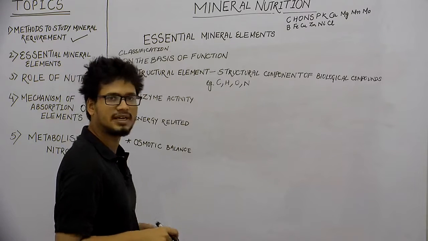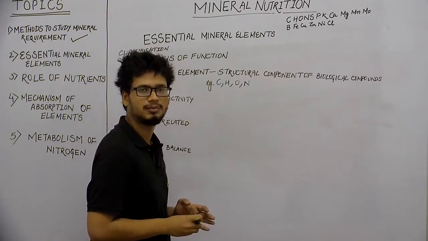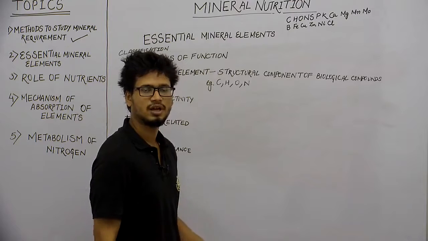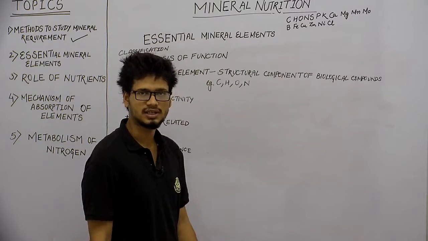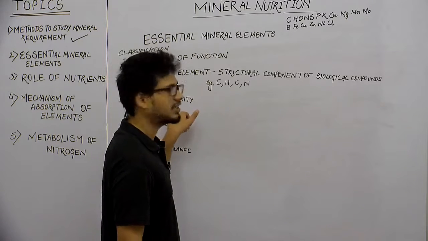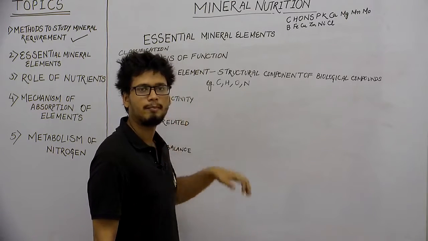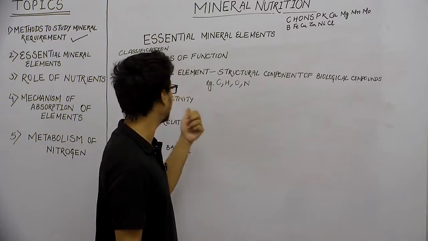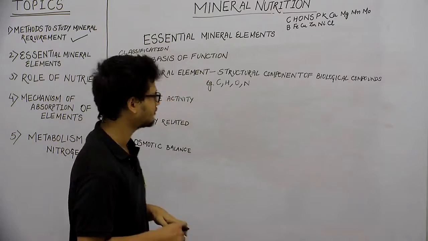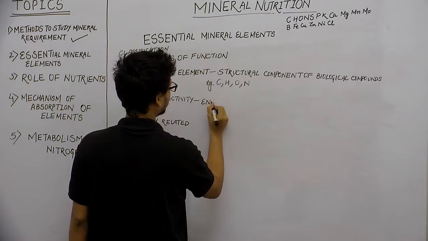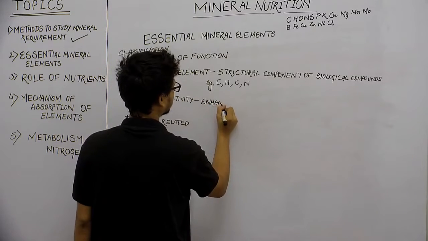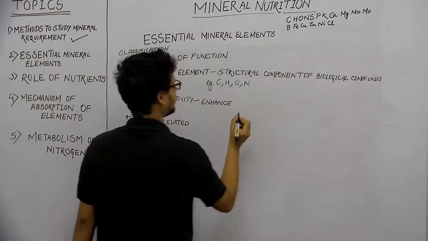Next is enzyme activity. We discussed in micronutrients that micronutrients function as activators of enzymes. Here the function is the same, so mostly micronutrients are included with enzyme activity. They enhance the role and activity of enzymes.